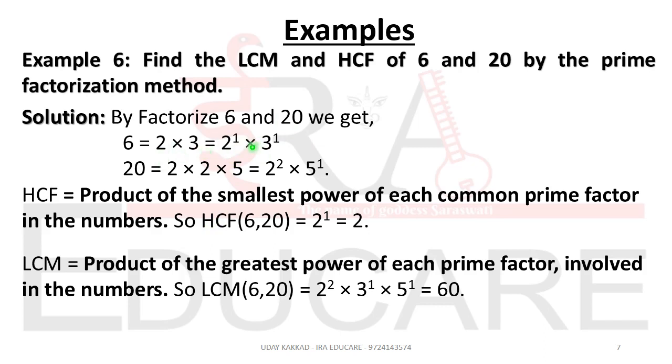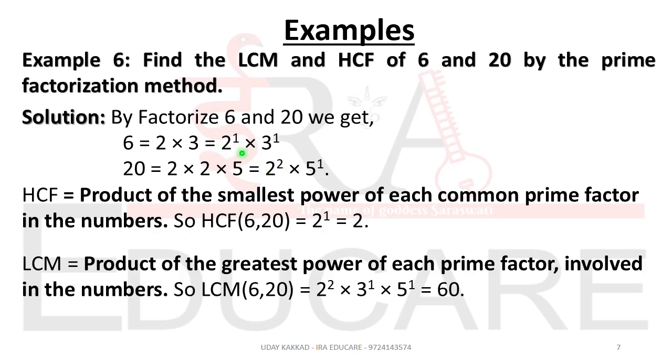After factorization, you have to select the smallest power of each common prime factor. So 2 is here also and here also, so the smallest power is 2 raised to 1.